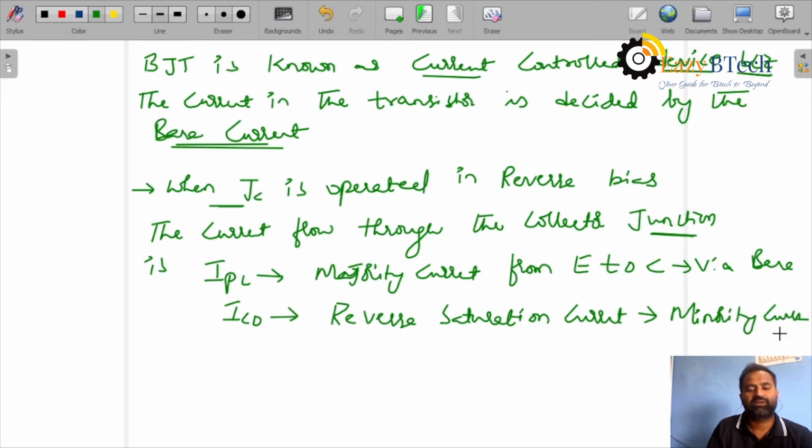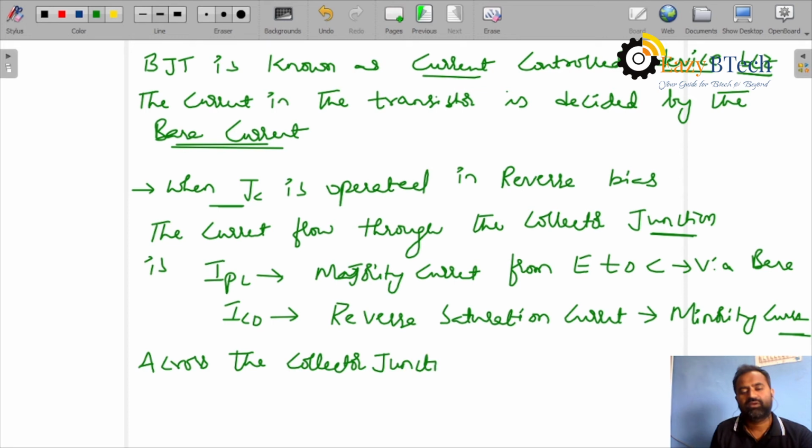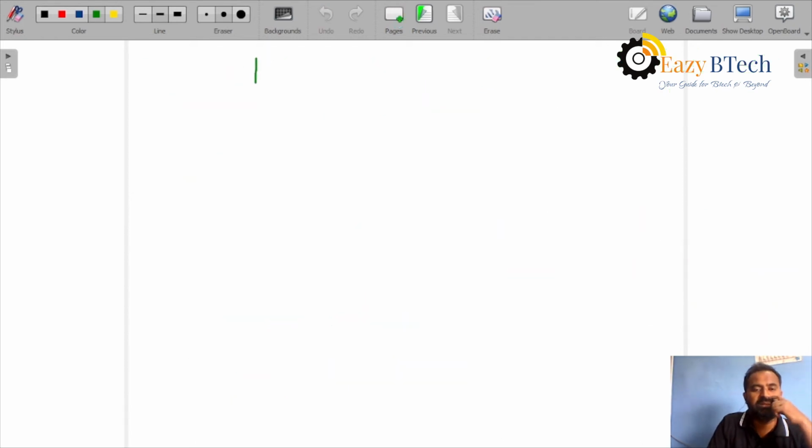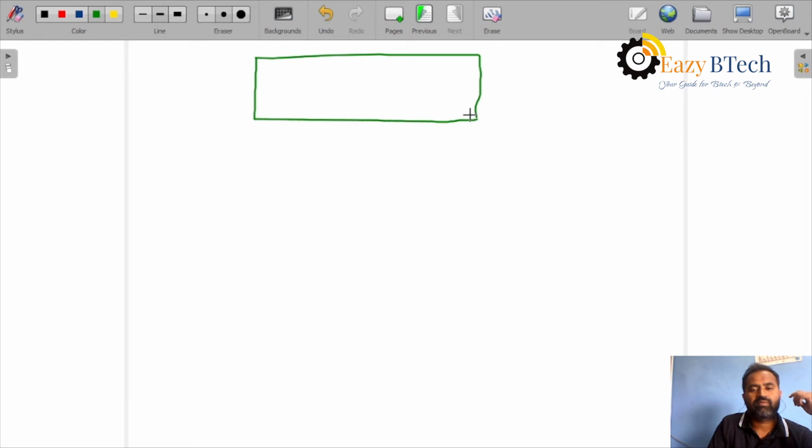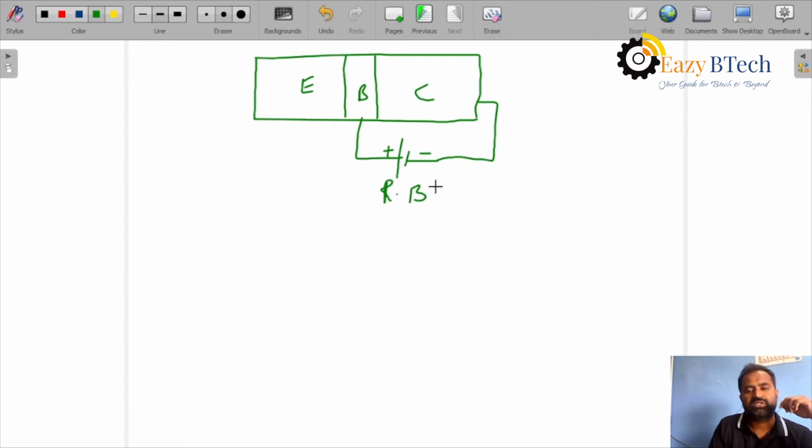Now you can see, when it is operated in reverse bias, the current across this collector junction is the ICO current. ICO is nothing but the reverse saturation current.